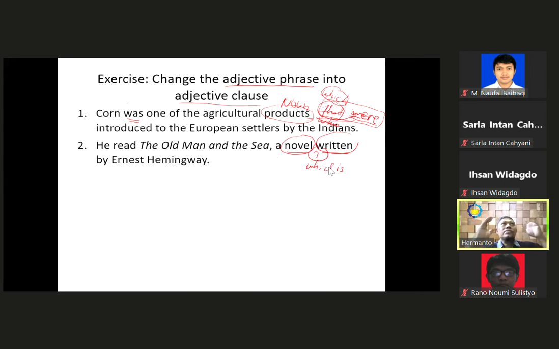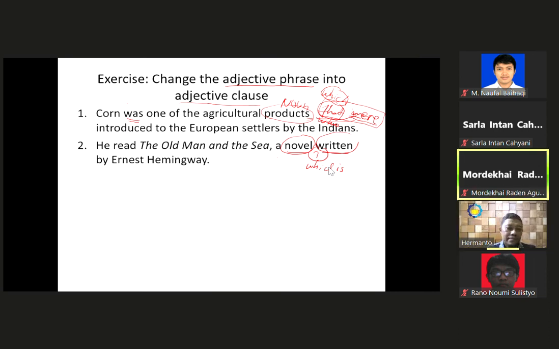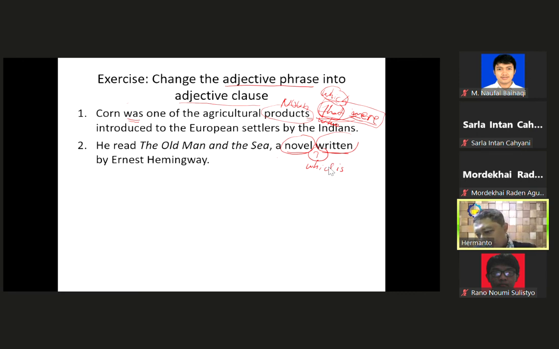If you read a novel, it is the product, yeah? And before you read it, the novel is written by the author. When is the process of writing the novel? Is it in present or in the past?